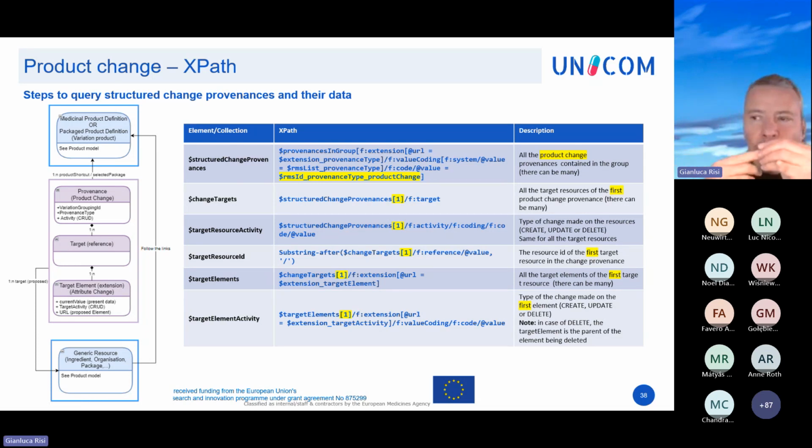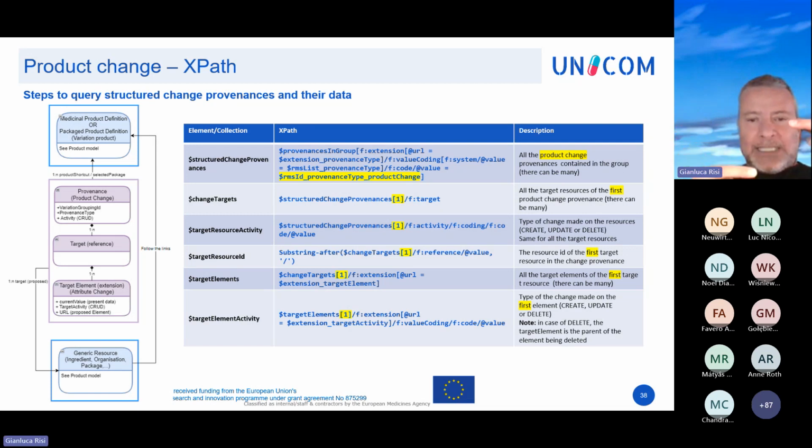And then all those target elements suffer a concrete change type, that can be an addition, a deletion, or a change, an update. So its inner extension called target activity will give me the type of change the element of the resource is receiving.